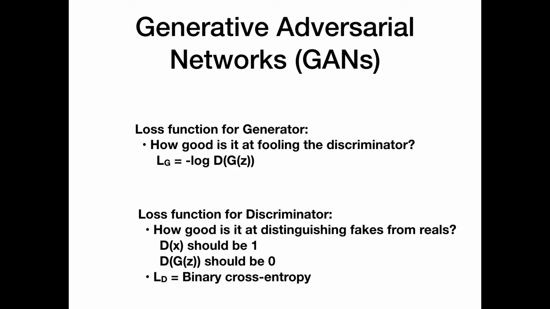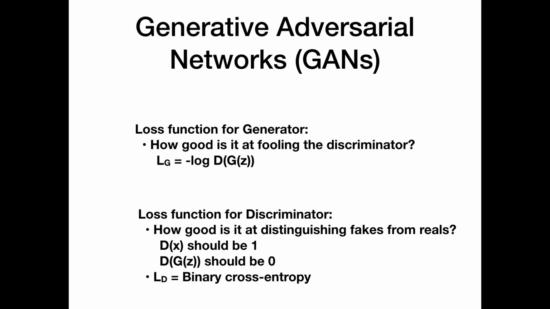On the other hand, if the discriminator says 1/4, or let's even make it 1 over e for no particular reason, then log of 1 over e will be -1, negated is 1, so we have a higher loss. So we use this as our loss function.